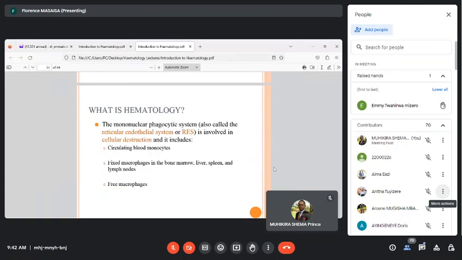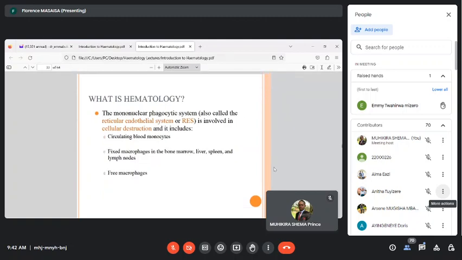So the hematopoietic tissues. Thymus gland. Thymus, what else again? So we have said bone marrow, which is the main organ, liver, spleen, lymph nodes, and thymus. So those are the most important tissues.